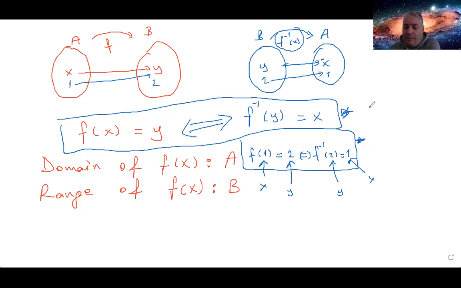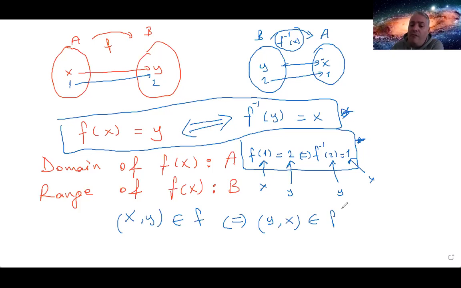And one more step. If I say (x, y) is an element of one function f, I must say directly (y, x) is an element of f inverse. This is the logic. (1, 2) is an element of f, so (2, 1) is an element of f inverse.